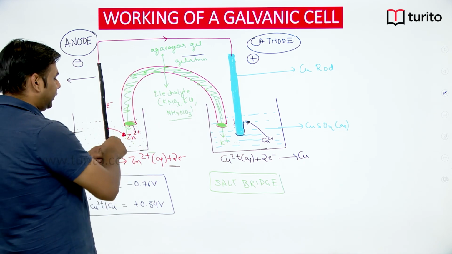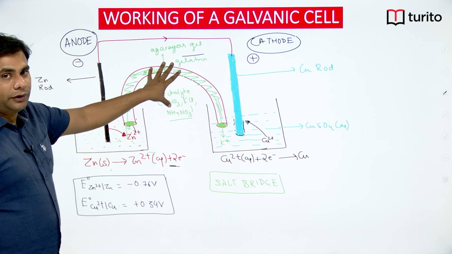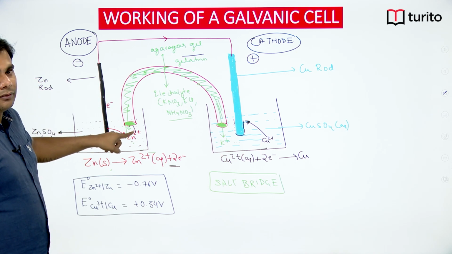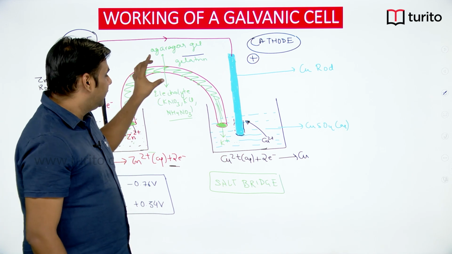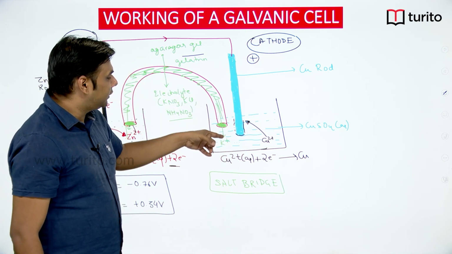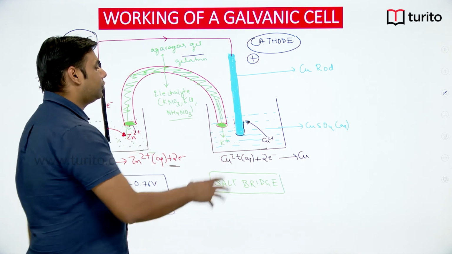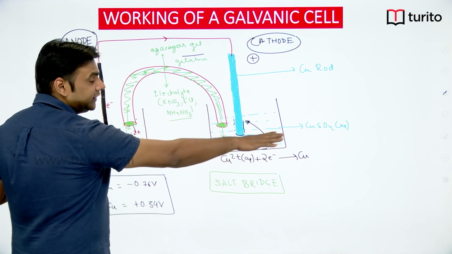So we say that the excess positive charge is neutralized by this salt bridge. It pumps out some negative charge in this solution so that the positive charge gets neutralized, and similarly because there is excess negative charge over here, this salt bridge pumps some cation into the solution so that the negative charge is also neutralized. So this completes the circuit.